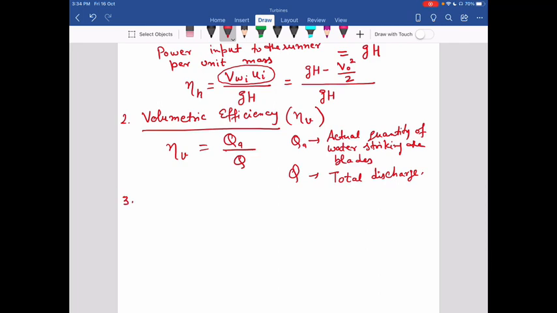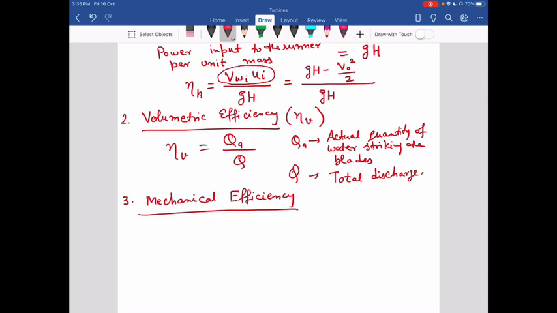The next one is mechanical efficiency. This efficiency accounts for all types of mechanical losses, like bearing friction and wind friction of the shaft.